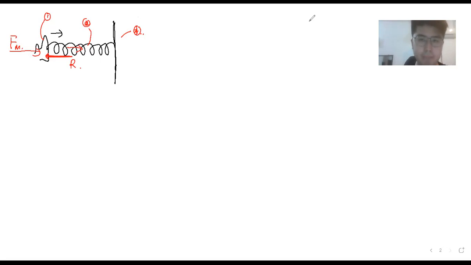Now, suppose that you have a string, a string hanging a pendulum. Forces acting on the pendulum: first one is mg, second one is the tension.